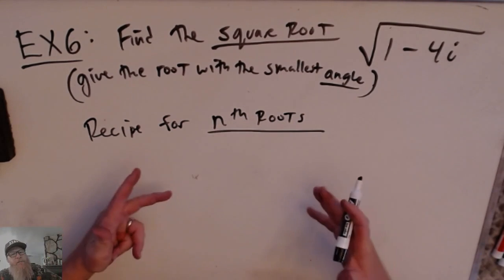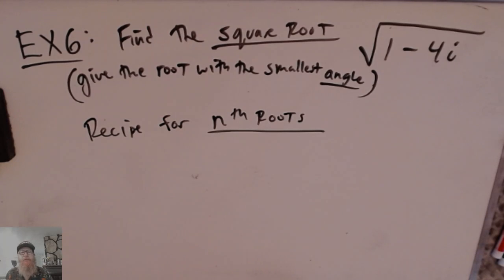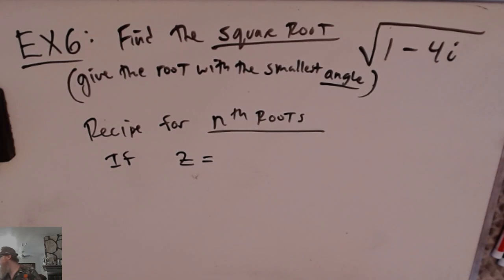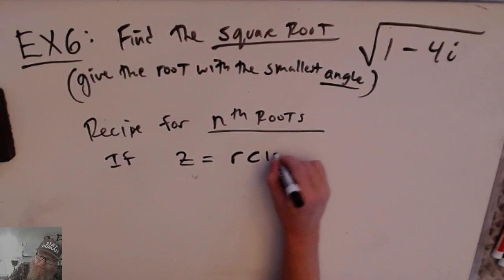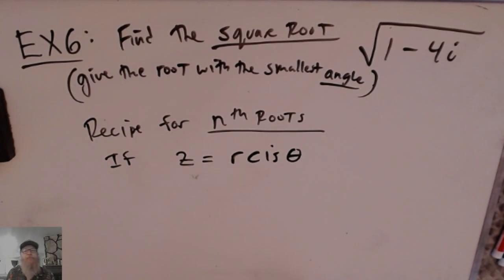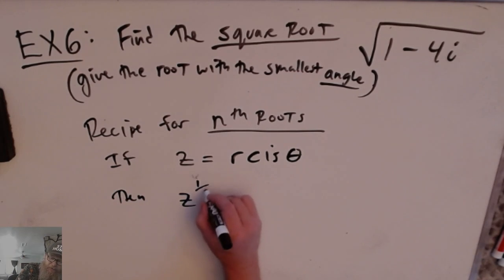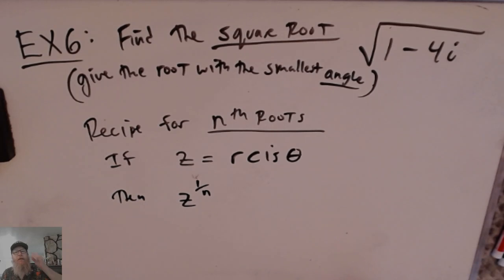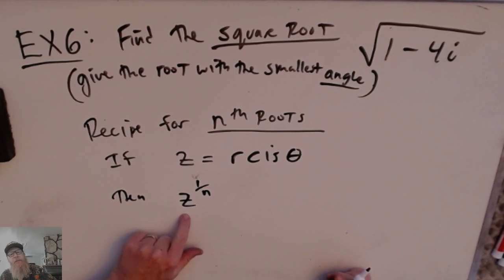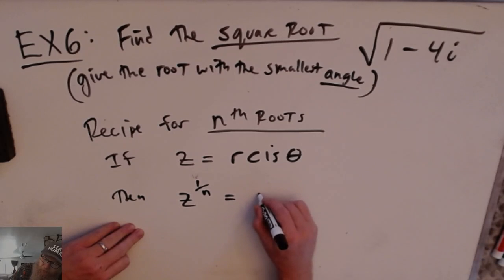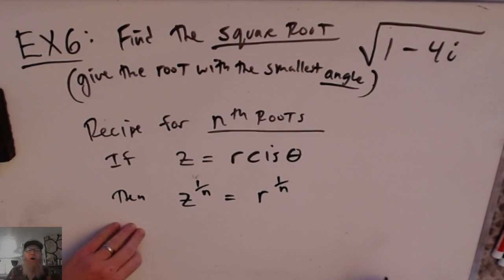It's really De Moivre's theorem in reverse. Okay? So if z is equal to r cis theta, then the nth root of z is equal to the nth root of r.